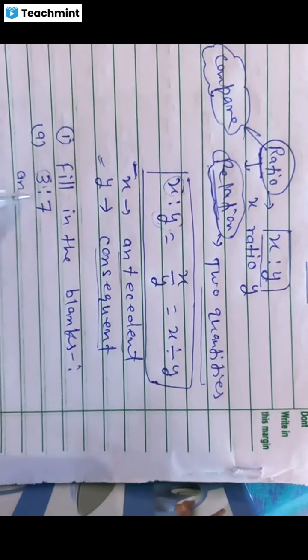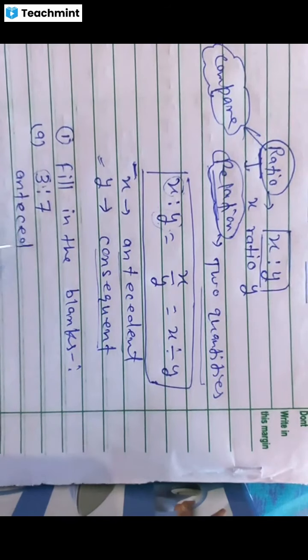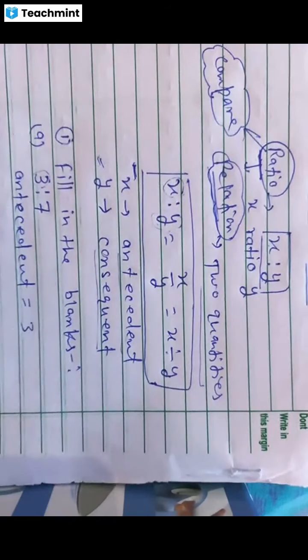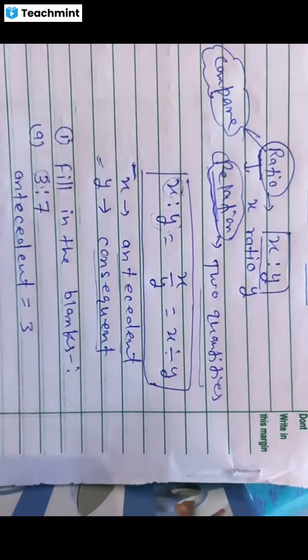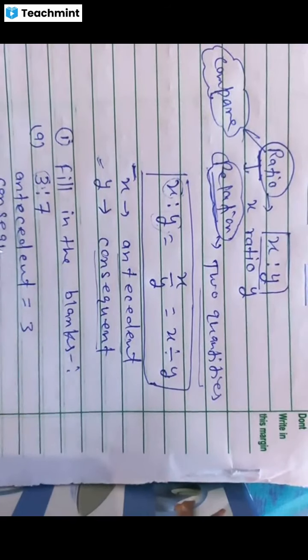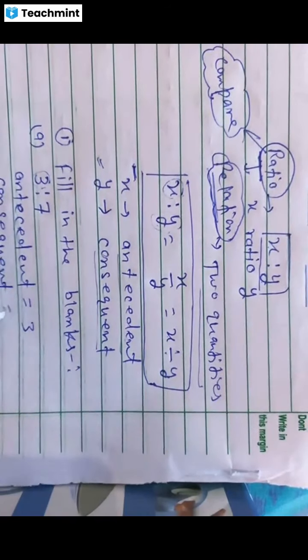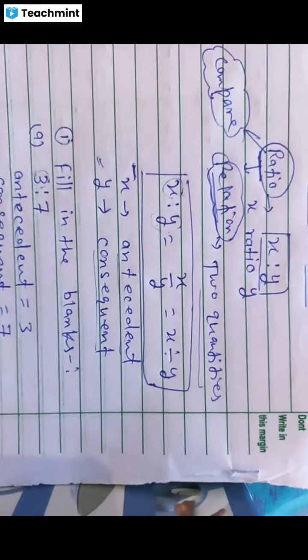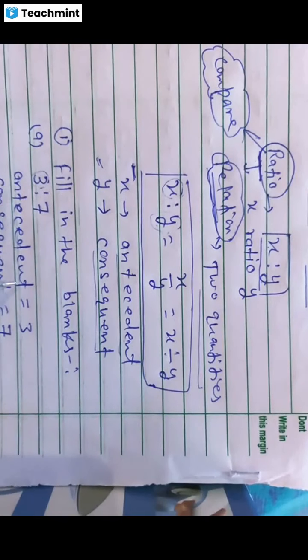So you can write antecedent is equal to 3. And what is consequent? I have already told you, the second quantity is called consequent. So you can write here 7. Okay. So antecedent is 3 and consequent is 7.